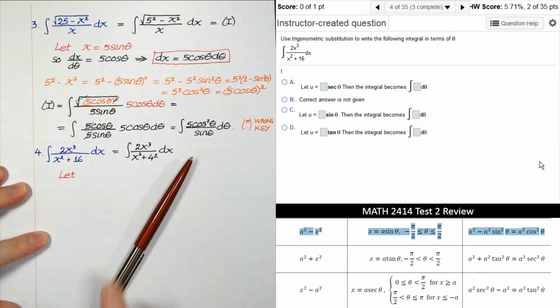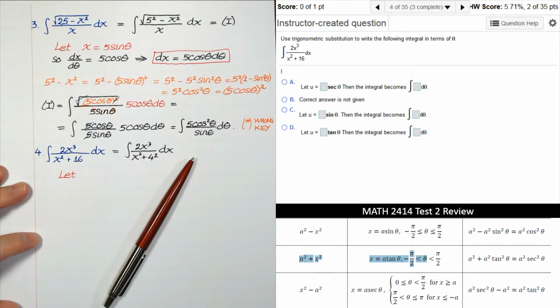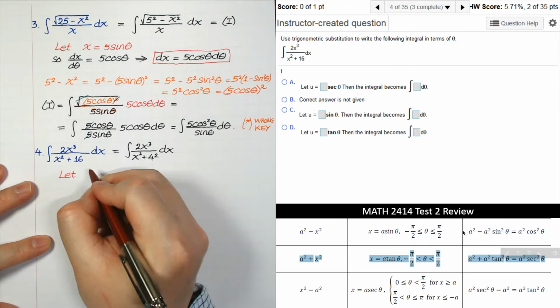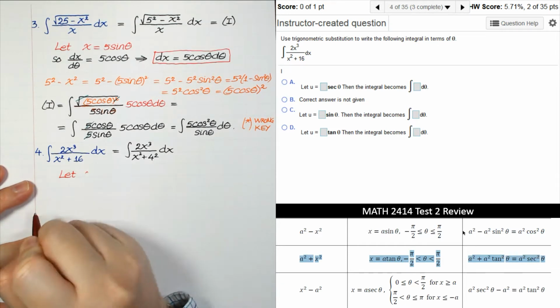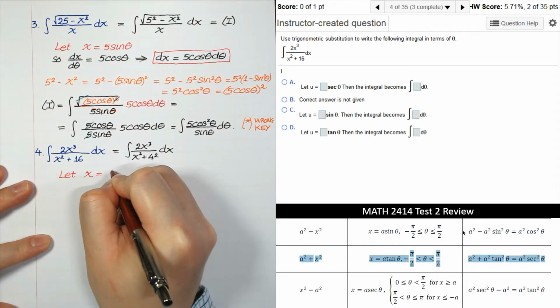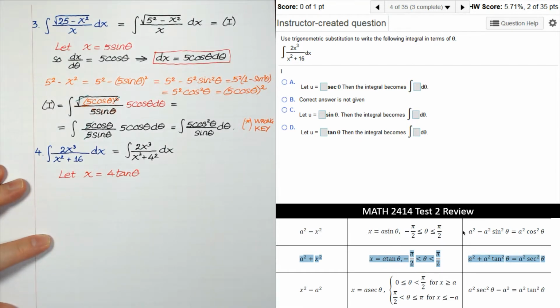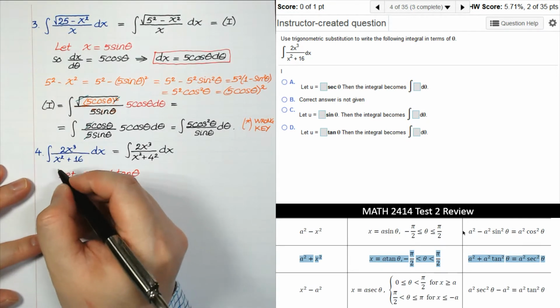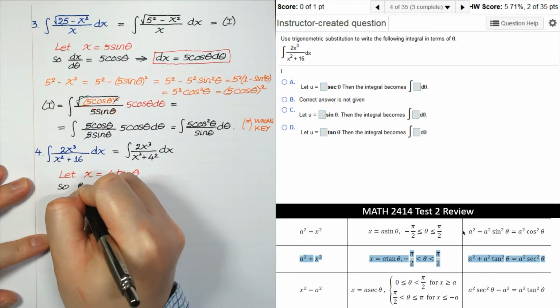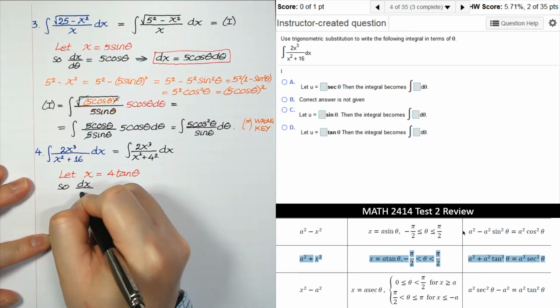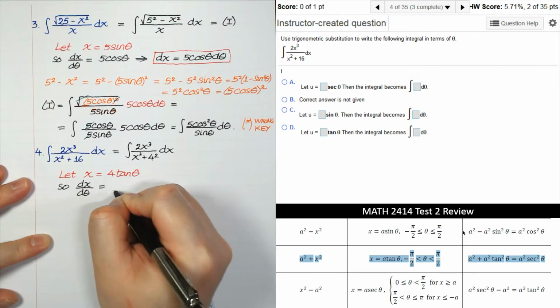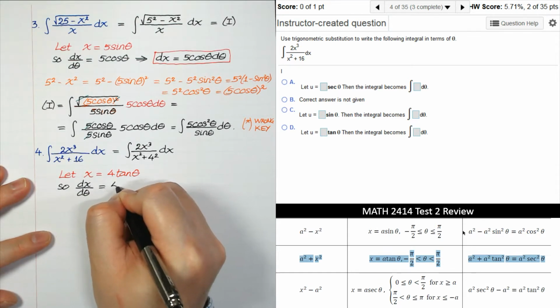Now, constant square plus x squared is going to be that. Let x equal 4 tangent theta. So dx is 4 secant squared theta d theta.